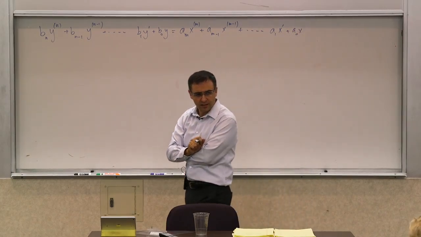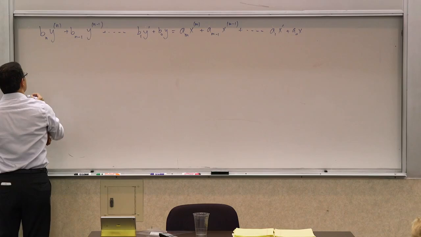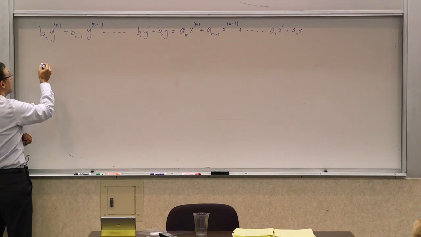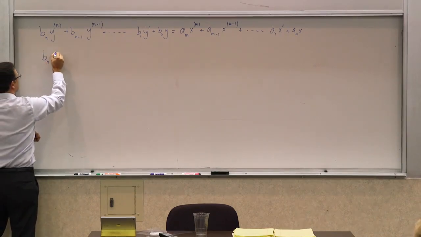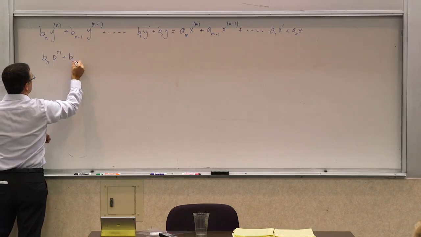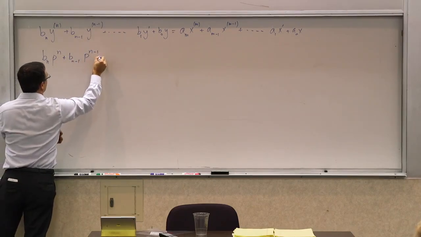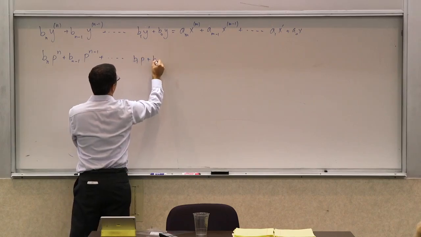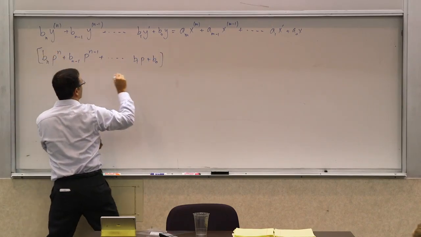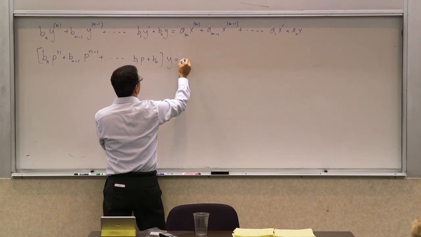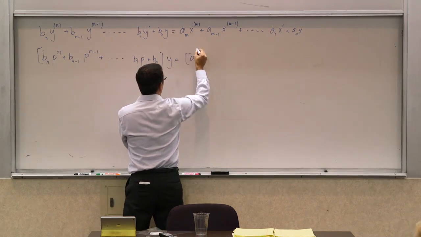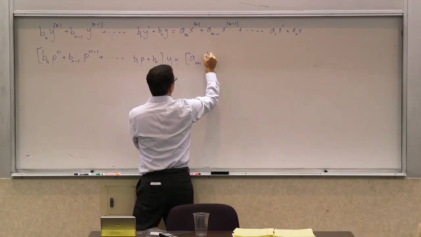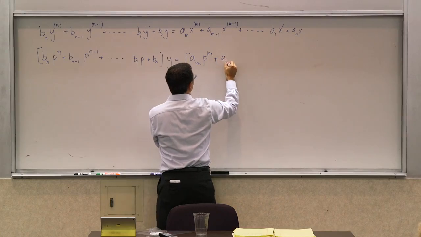What do we do with something like this? You can write this in terms of the operators, right? So you can write it as bn p to the n plus bn minus 1 p to the n minus 1, all the way up to b1 p plus b0. This giant operator operating on y is producing what this other giant operator operating on x produces.